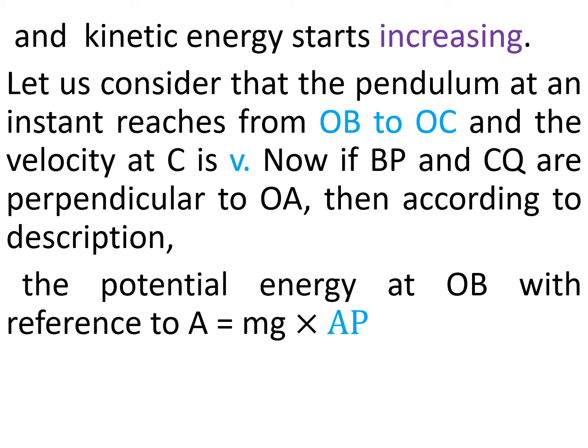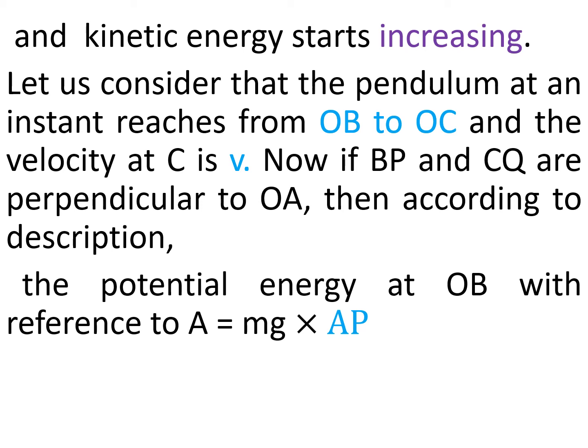Let us consider that the pendulum at an instant reaches from OB to OC, and the velocity at C is v. Now, if BP and CQ are perpendicular to OA, then according to the description, the potential energy at OB with reference to A is mg into AP.